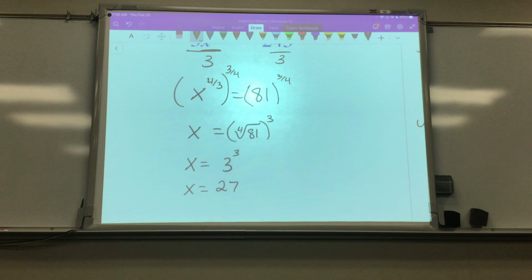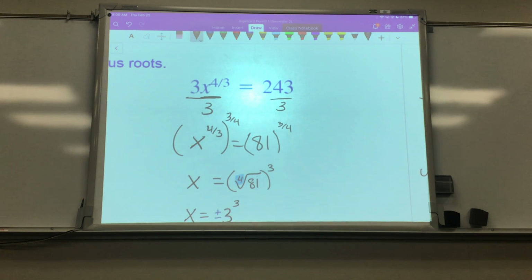What type of radical did I take on both sides here? I took the fourth root of both sides really, right? And just cubed it at the end. We need to have plus or minus. Now, you still need to check our answers though. But because we took the fourth root of both sides, we have to have plus or minus.